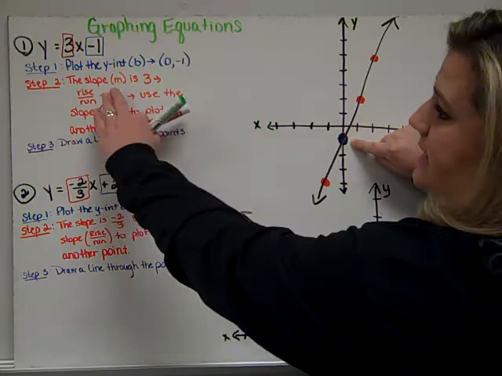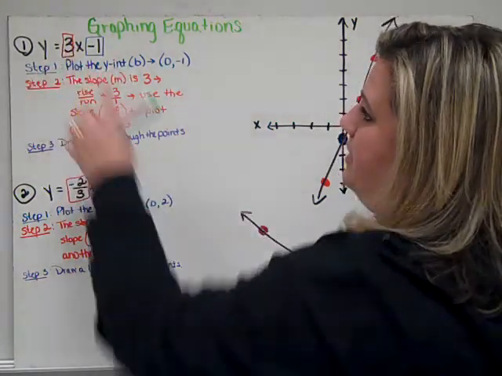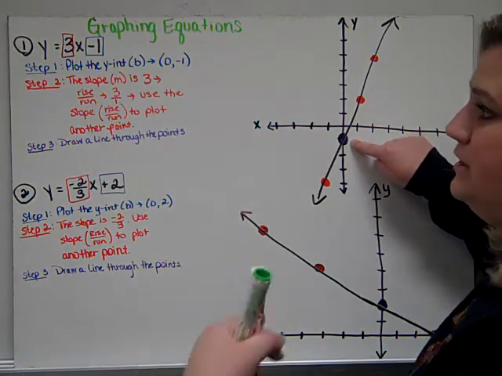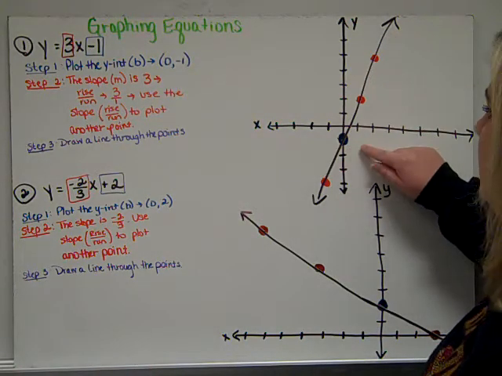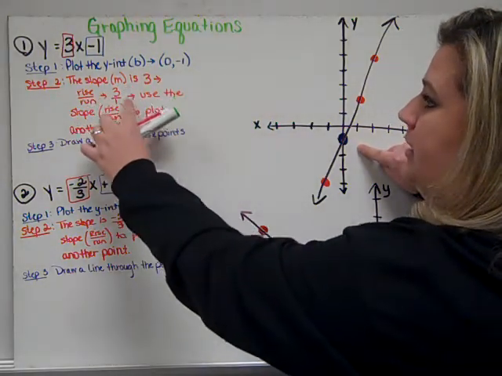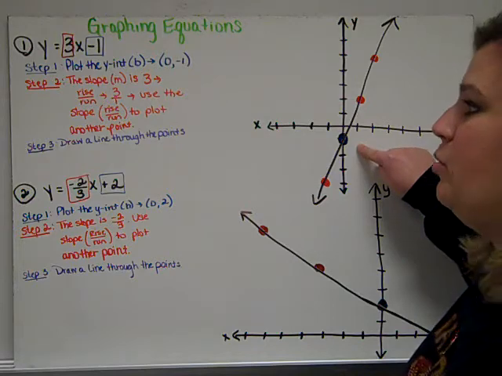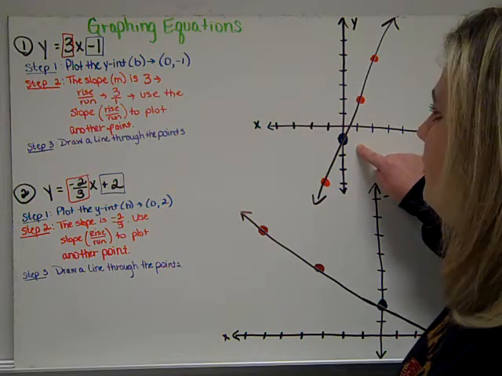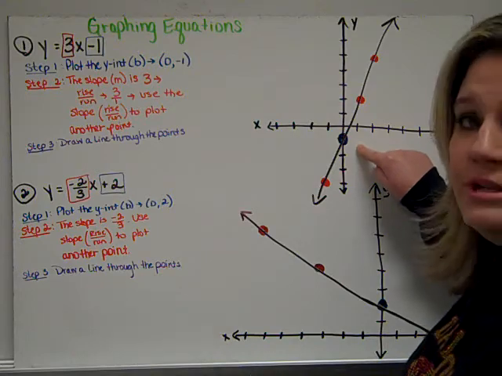The next one is I take my slope, which is +3, right there in the equation. And so I'm using that rise over run form, because that's our relationship regarding the steepness of the line. So I have rise 3, and remember, to make this into a fraction, we put a whole number 1 underneath it. So 3/1. So we're going to use that slope in obtaining other points on the graph.